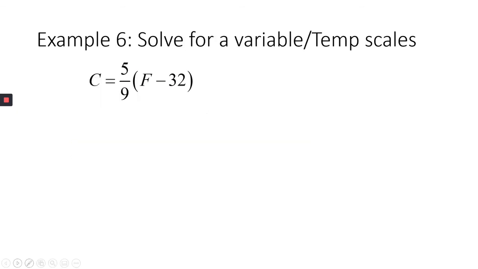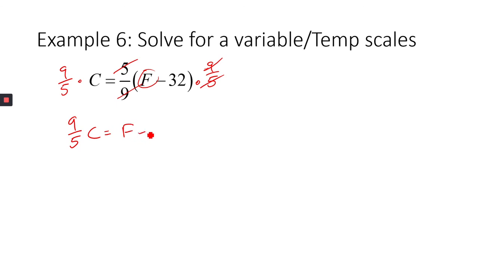All right, the last thing is just another way that we're going to solve equations, but this time we're going to solve for certain variables. So in this one, we're trying to get the f by itself. Now, one thing, we're going to work a lot with fractions, we're going to multiply by the reciprocal. Once we multiply by the reciprocal on both sides, on the right side, the 9's divide out, the 5's divide out, and so that's why this is a really, really helpful tool here.